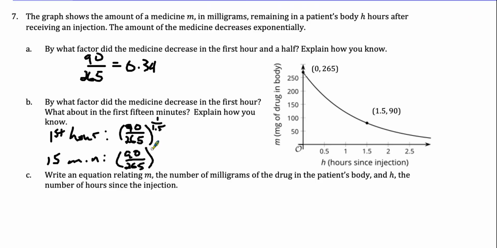I could say that I want 15 minutes out of those 90 minutes. Or we could take this, about 0.487, and raise it to the 15 over 60 power. Either way, we should get the same answer.